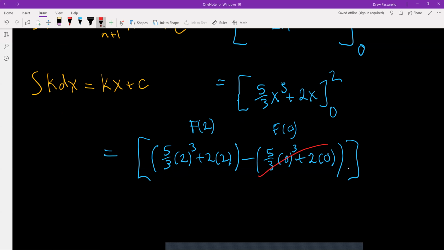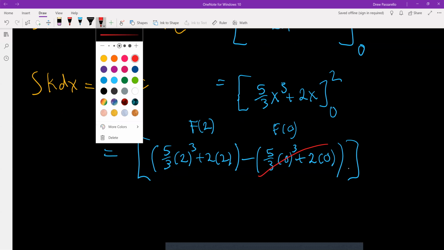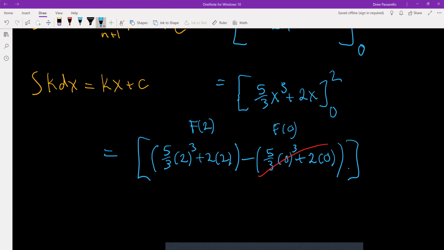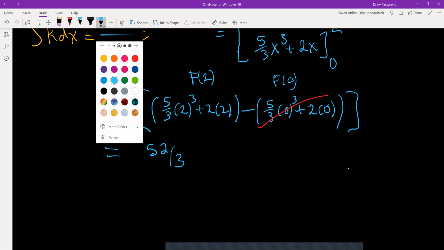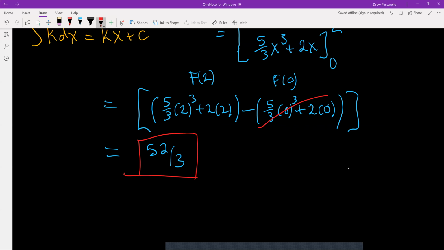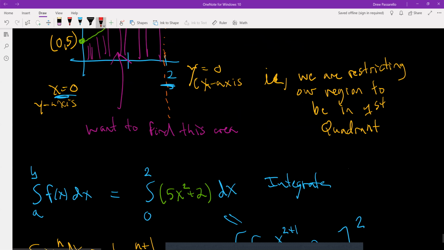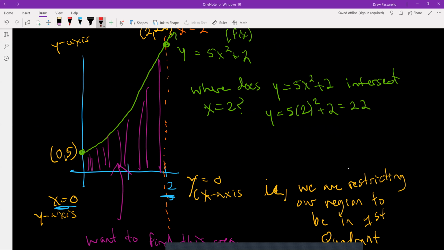So this cancels out, and we just deal with 5/3 times 2 cubed, which is 8, so 8 times 5 divided by 3, and then we add 4 to it, and you get 52/3. That's our answer. That's the area. Again, this first part was just visualizing it. So the purple region, that area is 52/3.